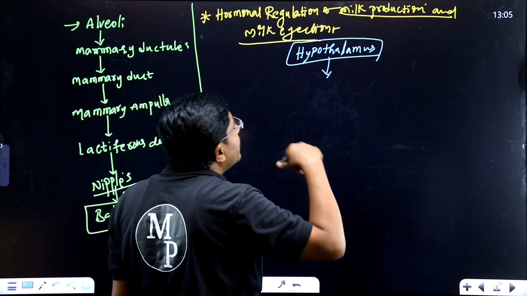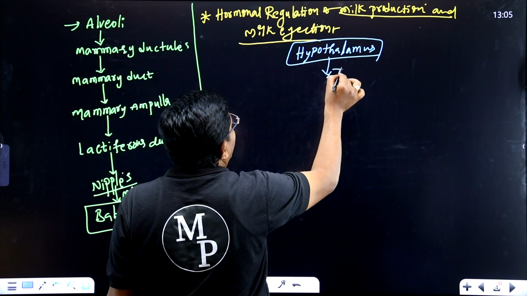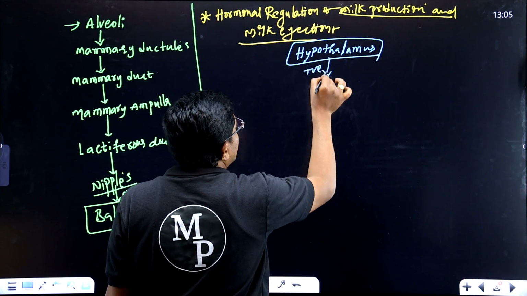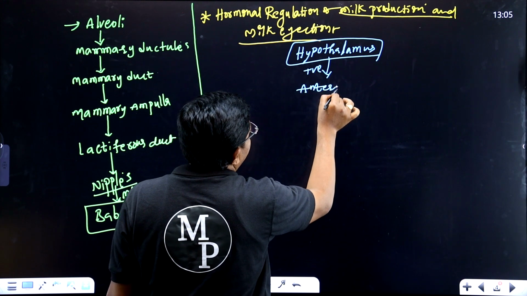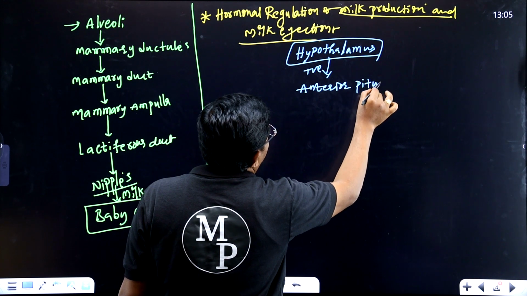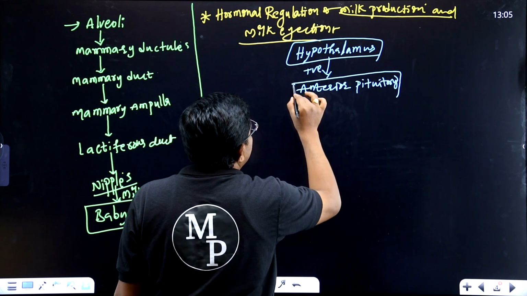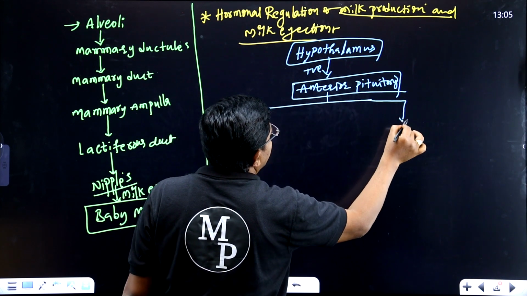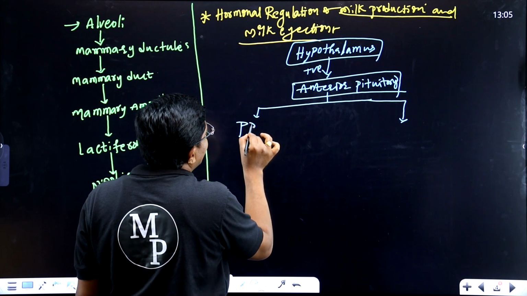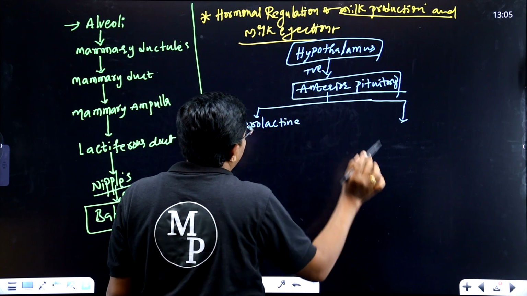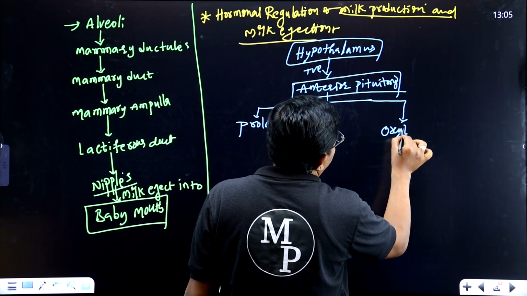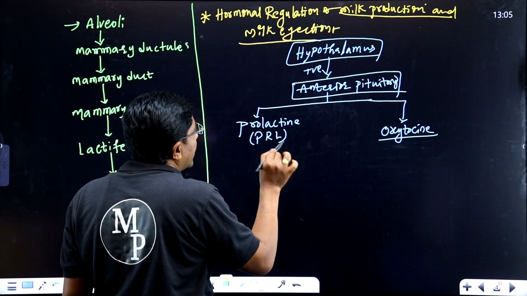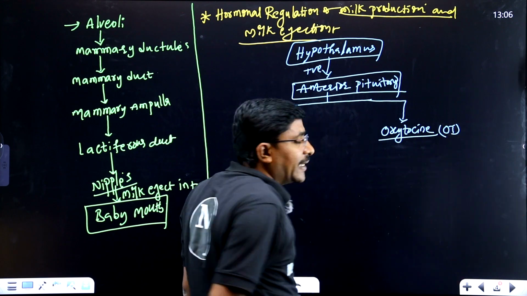It sends positive feedback signals to the anterior pituitary, also called the adenohypophysis. The anterior pituitary releases two hormones here: one is prolactin and the second is oxytocin. Prolactin is abbreviated PRL, and oxytocin is OT.